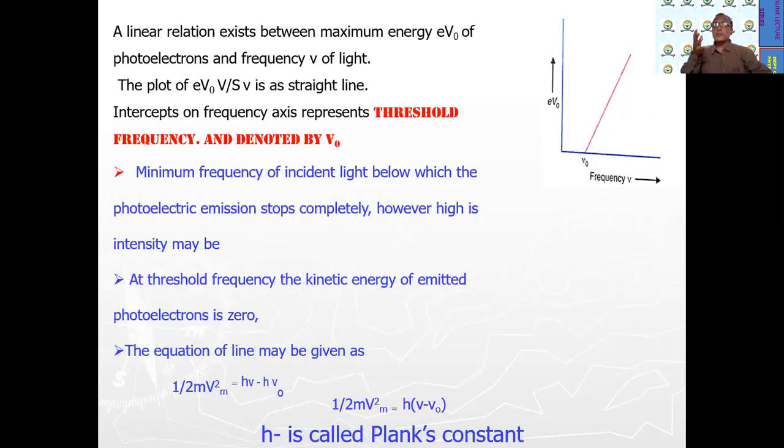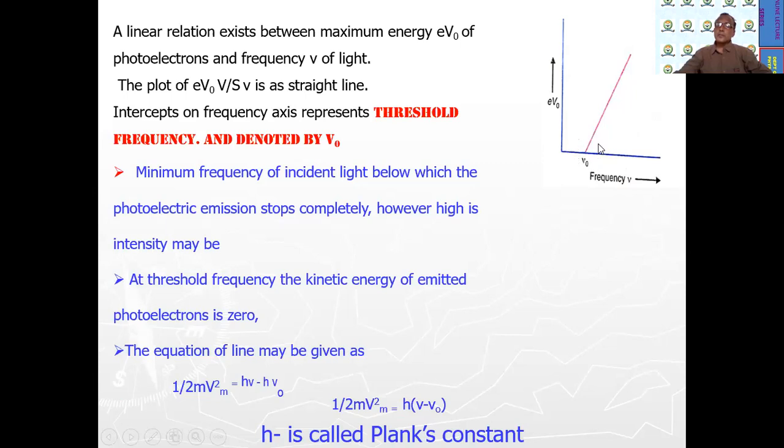The line of this slope cuts the x-axis, the frequency axis, at some point, which we call nu zero. This nu zero is the threshold frequency. That means the intercept on the frequency axis represents the threshold frequency, denoted by nu zero.